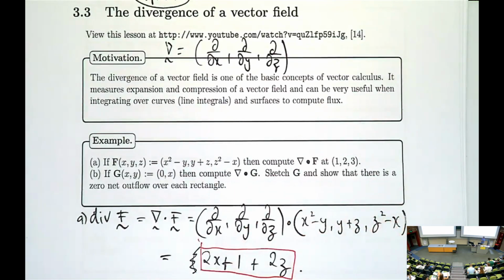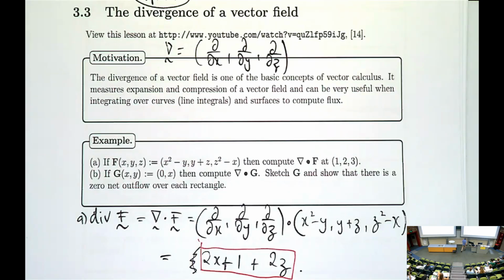So our answer is not a vector, it's going to be a number. We don't know what it is yet, we don't know what it means, but I'm telling you now, it has something to do with the spread of a vector field. The compression or expansion is another way of looking at it.